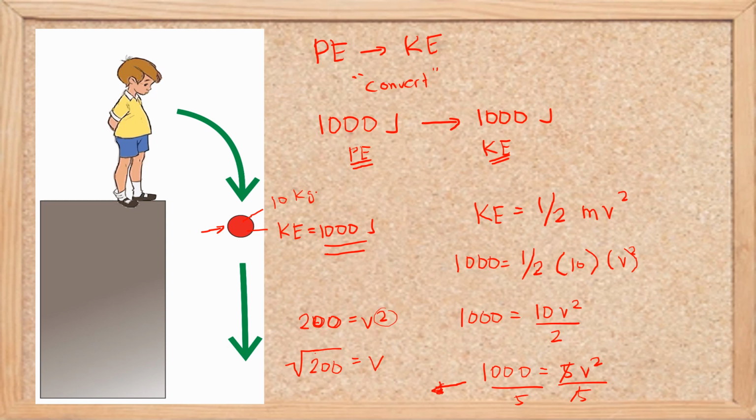So you will have a value of 14.14 meters per second. So this is the value of your speed. So therefore, this ball, which weighs 10 kilograms and has a kinetic energy of 1000 joules, is moving at a speed, or has a velocity, of 14.14 meters per second.